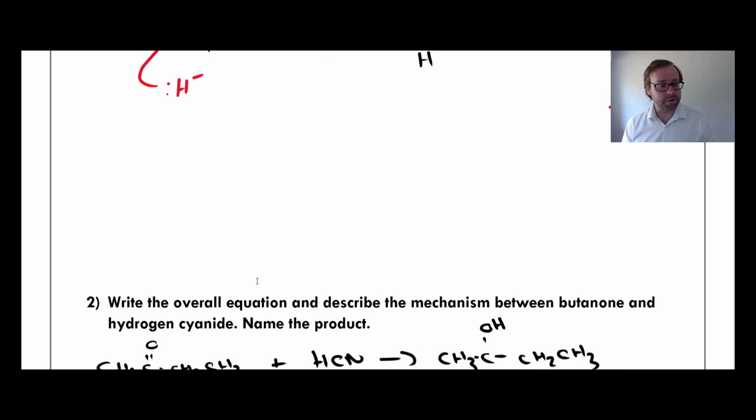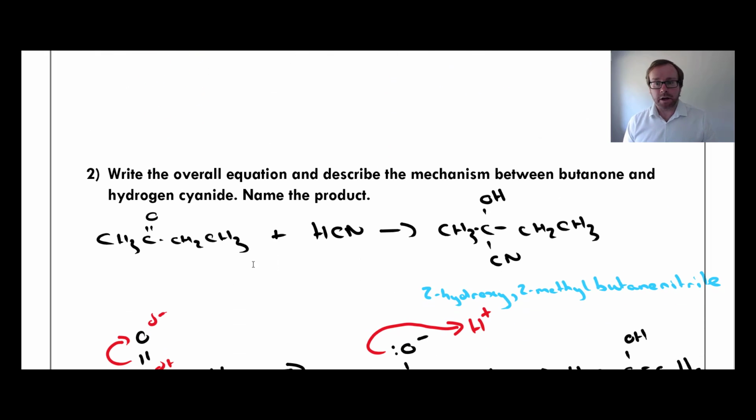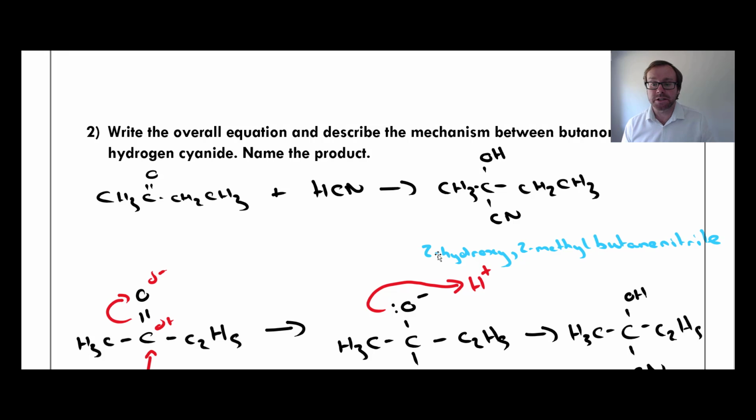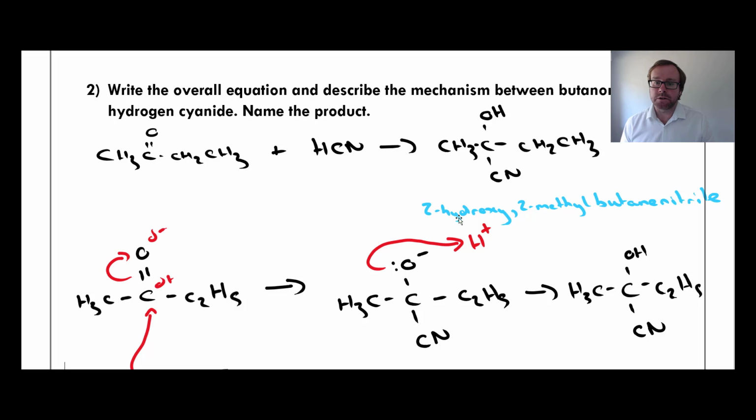Okay, moving on. So I have my butanone, I'm reacting it with HCN, and I'm going to produce a hydroxynitrile. If I name this, it would be 2-hydroxy, because I'm starting from here, remember, so 1, 2, 3, 4. So 2-hydroxy-2-methylbutane nitrile.